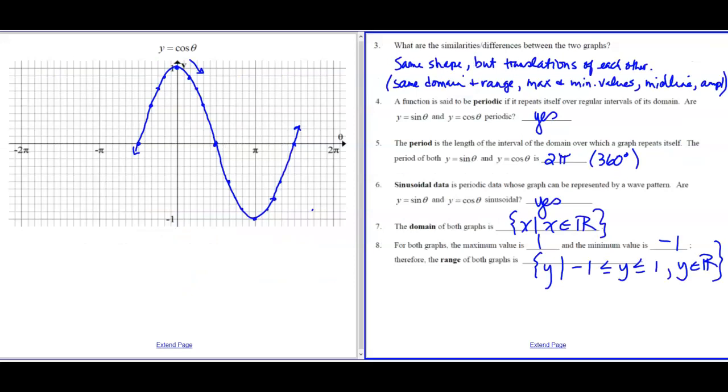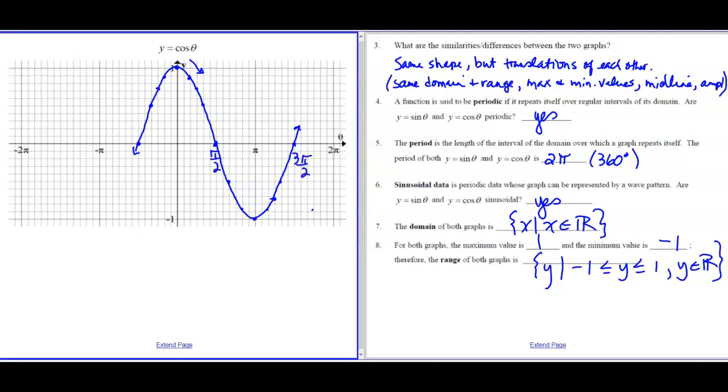Then cos here is a little bit different. This is pi over 2. This is 3 pi over 2. This is negative pi over 2. If I said it was a multiple of pi over 2, using integers, what would happen?